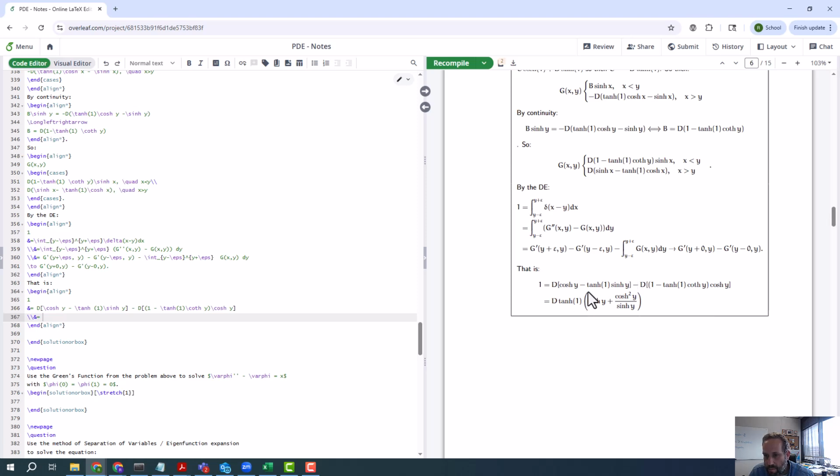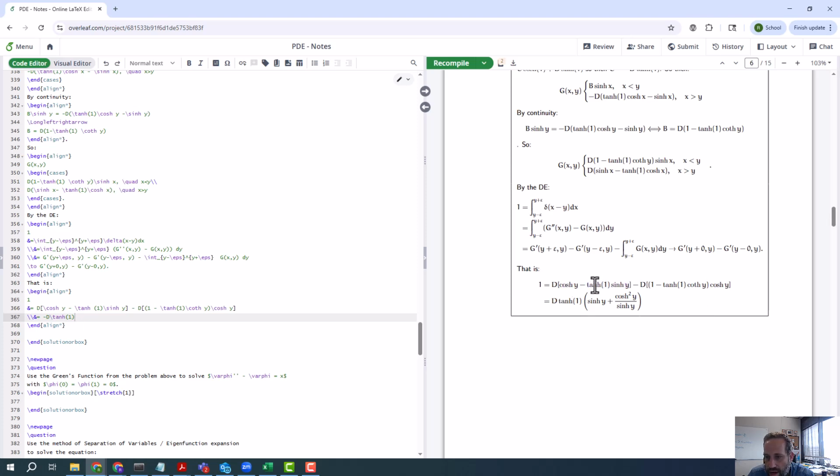But now I've got minuses, so this overall is going to be minus d tangent 1. So that cosh term there and that cosh term there go away.